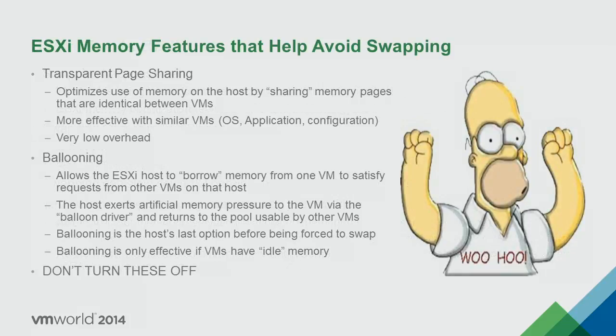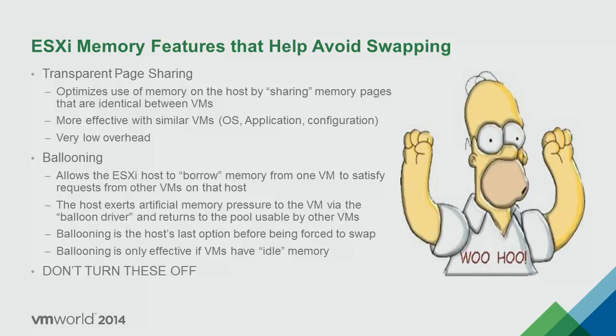So let's talk about transparent page sharing and ballooning for a minute. This is why you should never turn these off, even though performance will go down a little bit. Let's say when the balloon driver kicks in, it's always better than swapping. So transparent page sharing allows memory pages that are identical to be shared and merged so that you can save on the amount of memory you're using overall.